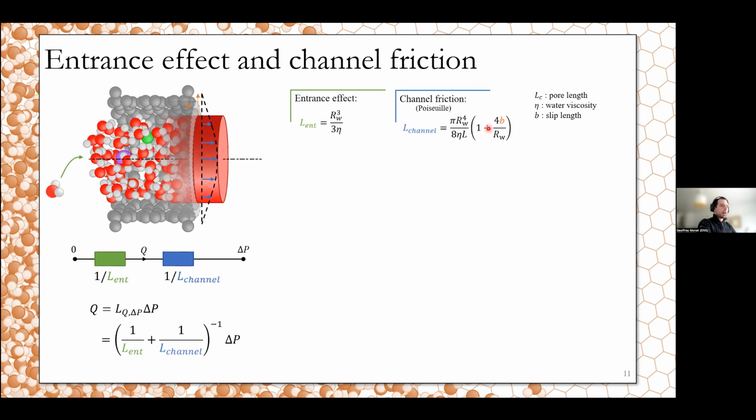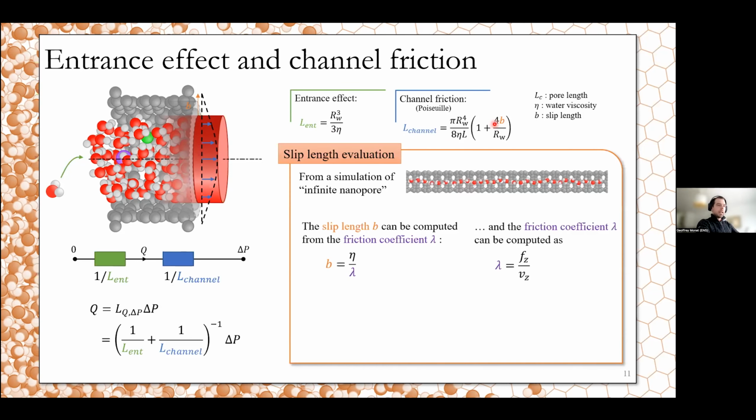In order to compare them, we have to determine the slip length. To do so, as is commonly done for carbon nanotubes, for example, I consider an infinite nanopore without any reservoir, like this. I apply a certain force F to the water molecules, and I wait until those molecules reach their terminal speed, at steady state, and I measure the friction coefficient, which can be related to the slip length.